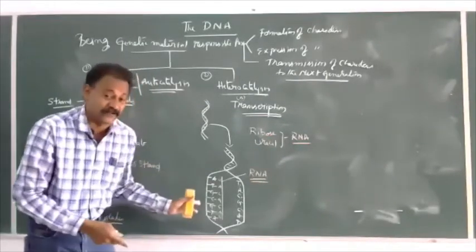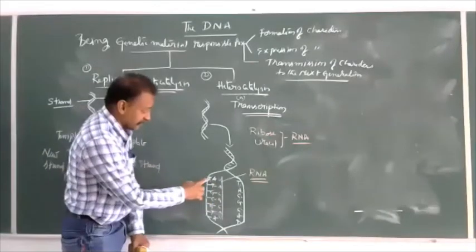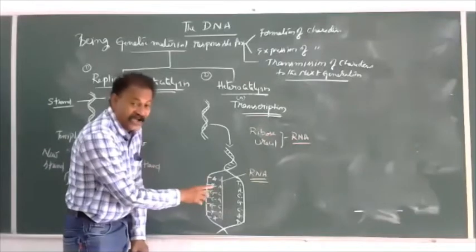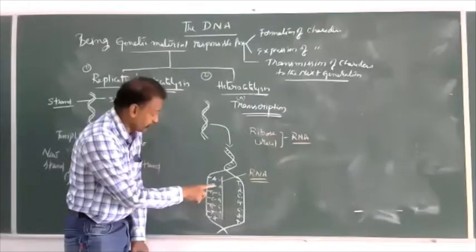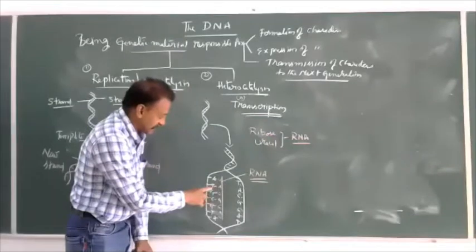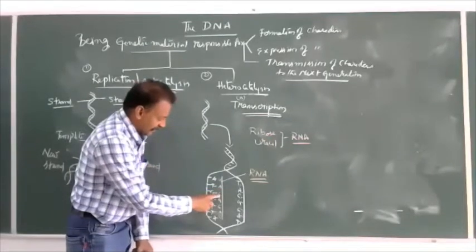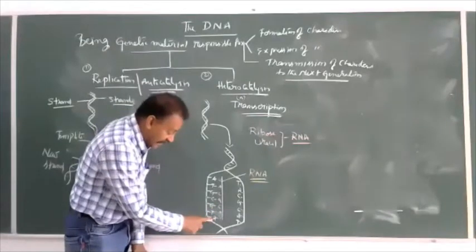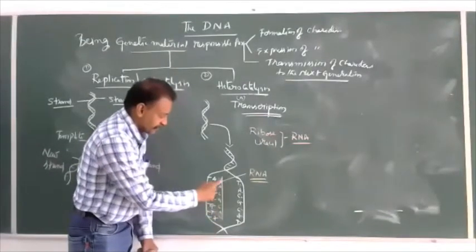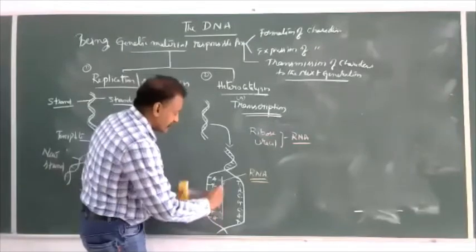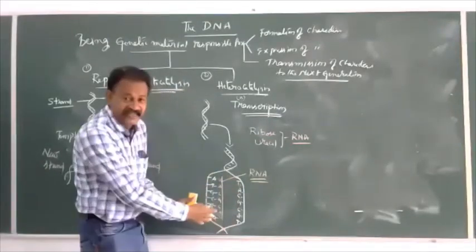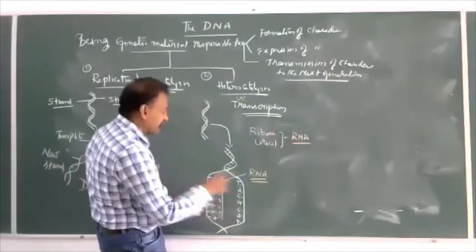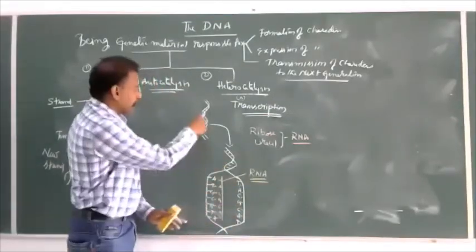Transcribed: changed from one form to another form. These follow the law of base complementation: adenine, uracil, thymine, adenine, guanine, cytosine, cytosine, guanine, guanine, cytosine, thymine, adenine, adenine, uracil. Whenever it forms from the split DNA, it comes out, and as it comes out, the DNA rejoins to become normal.